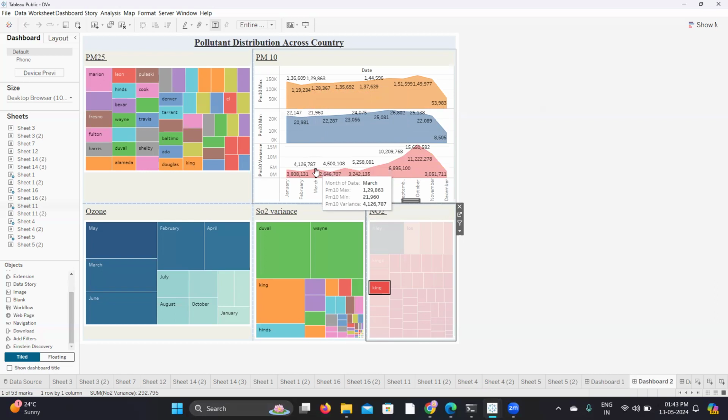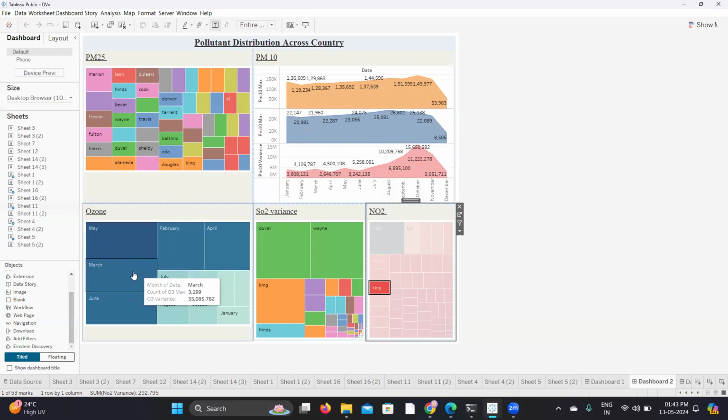And for March the PM10 variance is 1.44. Also, there's a gradual increase and later it started to decrease depending on the month.